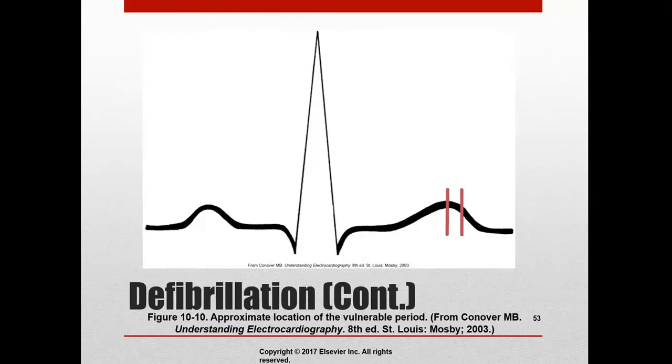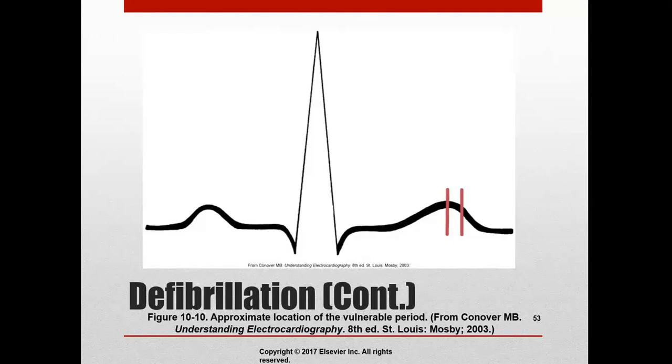And cardioversion, we're going to talk about cardioversions here in just a little bit, but cardioversions involve synchronizing to the QRS complex. And it's really important that we know which one we're doing, because if we do the incorrect one and shock on the wrong part, we can cause a lot of problems.